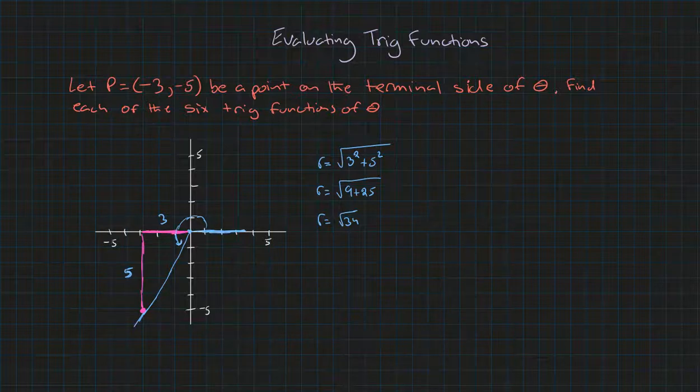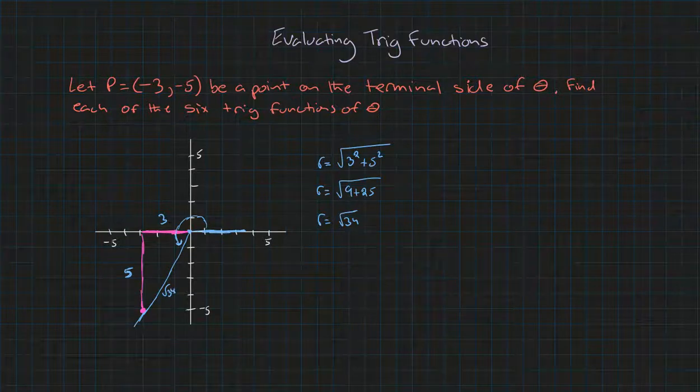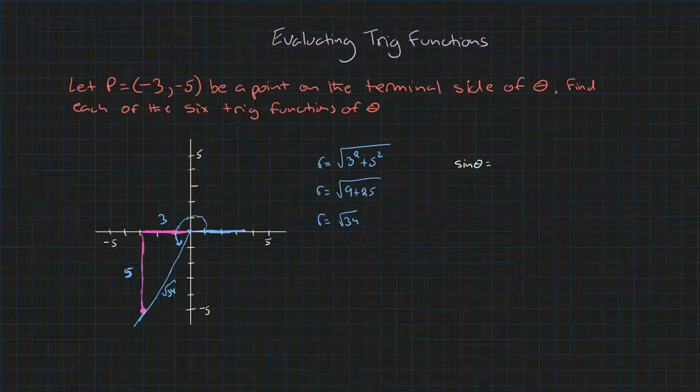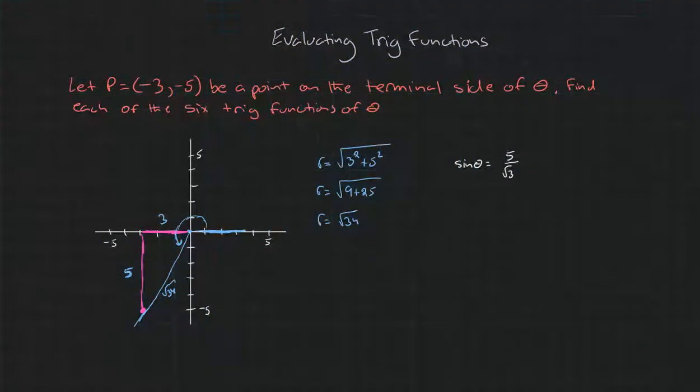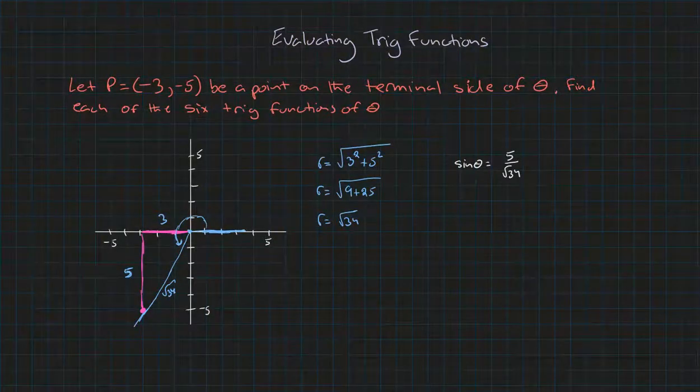So let me replace it to say this is root 34. Okay, and then we can do our six trig ratios. What is sine of theta going to be? That's y over r, so 5 over root 34. This is where you have to be careful, as I was mentioning earlier.